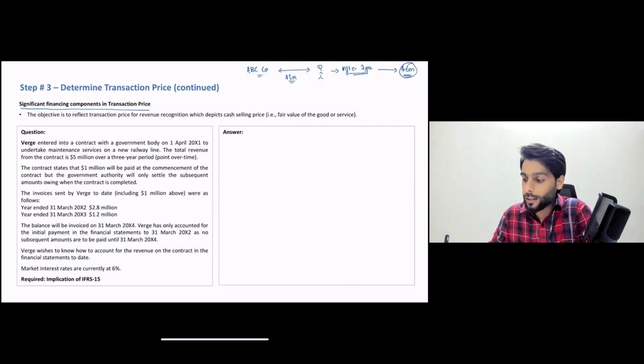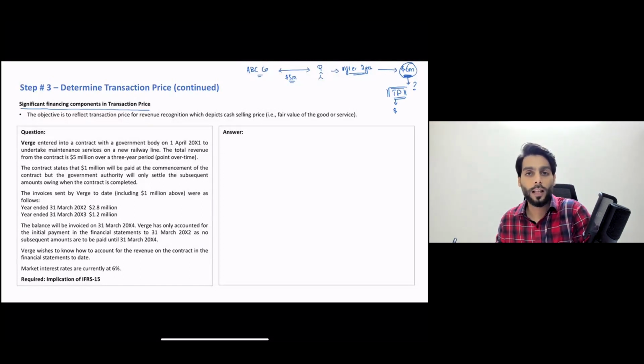Do you really think that the good or service has been sold for $6 million? The answer is no. Actually, the transaction price that you are just seeing of $6 million contains a significant financing component of $1 million.